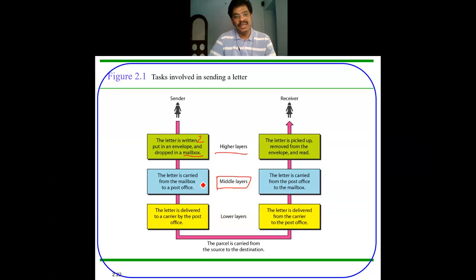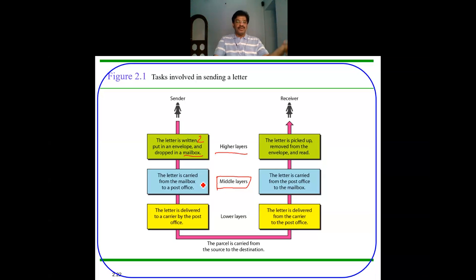So in the middle layer, the letter will be carried from the mailbox to the post office. At the post office, there will be a sorting based on the addresses that are written on the envelope. So if the letter is to be delivered to Aurangabad, the middle layer will carry the letter from the mailbox to the post office.